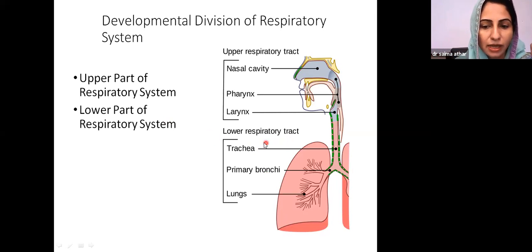ठीक. अच्छा, another question, if it is intraembryonic mesoderm, which part of the mesoderm will give rise to the muscles and the connective tissue component of respiratory tract? Either it is splanchnic mesoderm or it is somatic mesoderm. Splanchnic lateral plate mesoderm or somatic lateral plate mesoderm. I hope you remember the lateral plate divides into two.